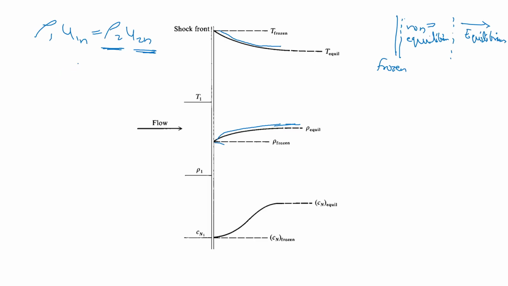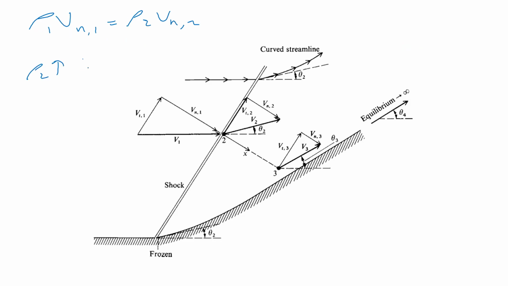We have already seen from this plot, as rho 2 increases, this Vn2 will decrease. If you see this figure, this Vt2 will be the same everywhere, but this Vn2 is decreasing. If this Vn2 is decreasing, then this angle theta 2 will increase. So as we are moving away from the shock, theta 2 is increasing.